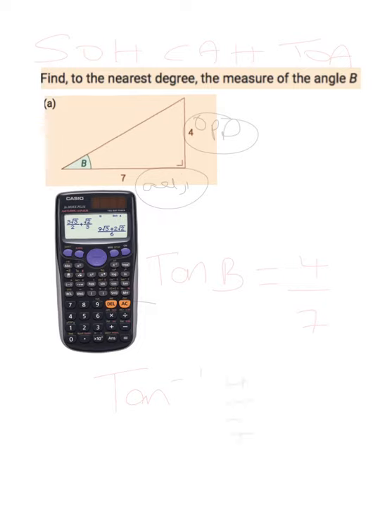So to slot that into your calculator then, you're just going to press Shift tan, press the fraction button, put in your 4, arrow down and then your 7. And when you slot that into the calculator, you get 29.744. So that works out to the nearest degree, 30 degrees.